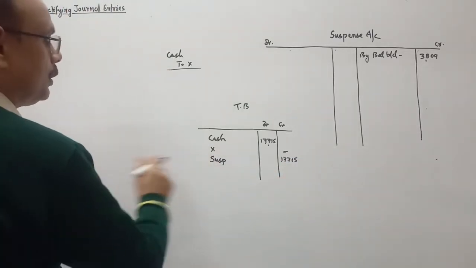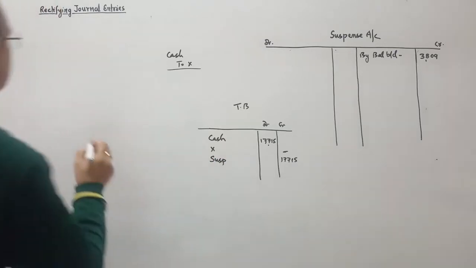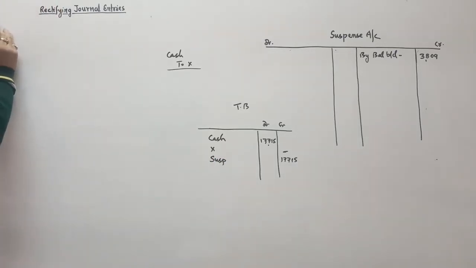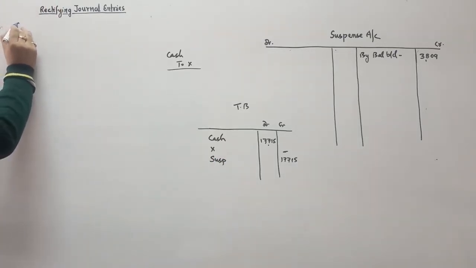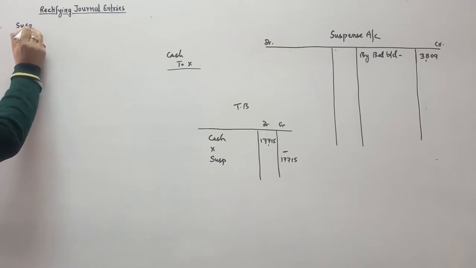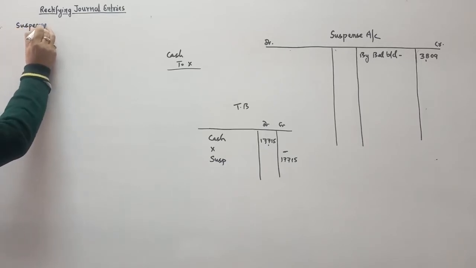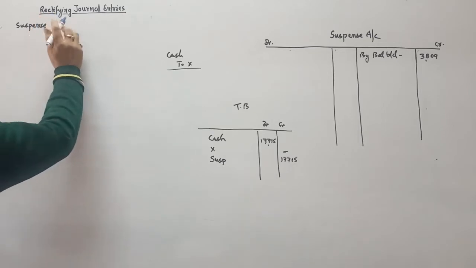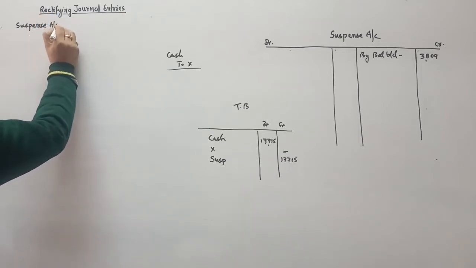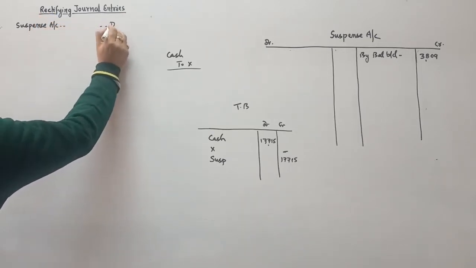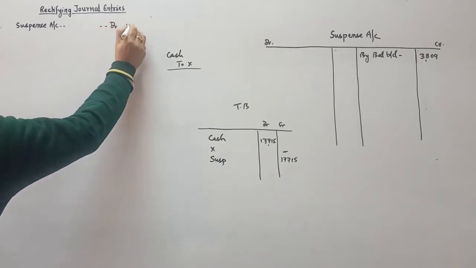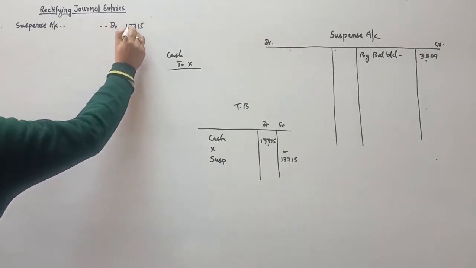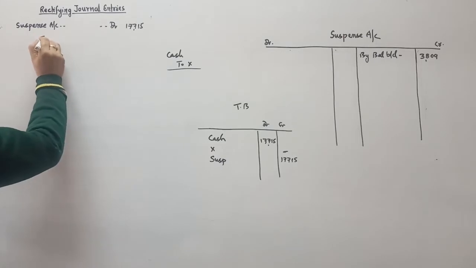Now what we'll do, we'll cancel the suspense account. While rectifying, suspense account will be debited. To cancel it, suspense account is in credit side of the trial balance, so we'll debit the suspense account 17,715, to X account.